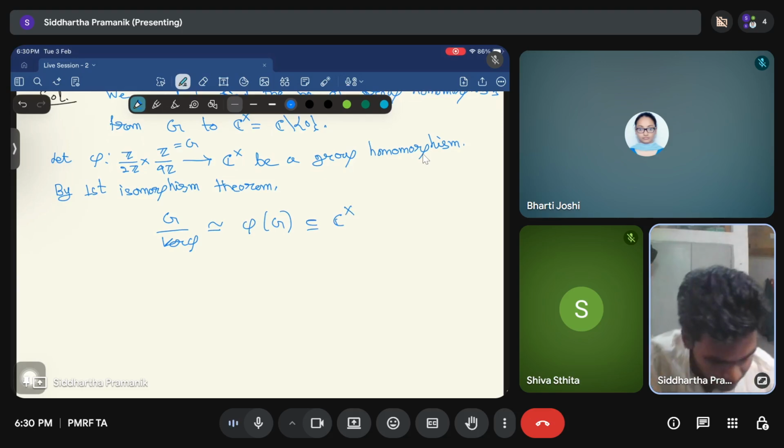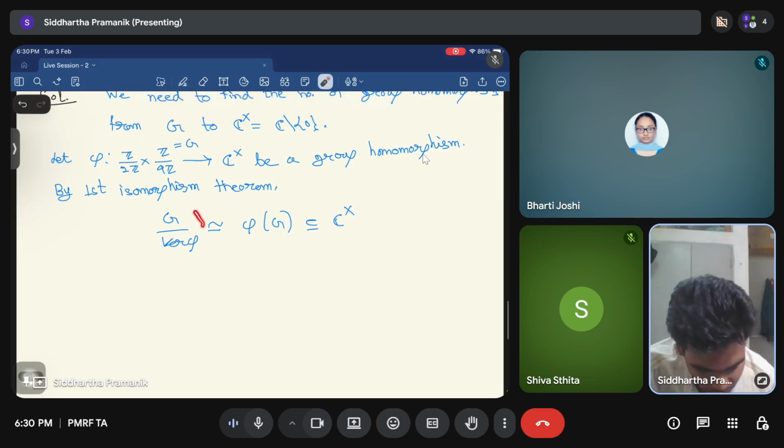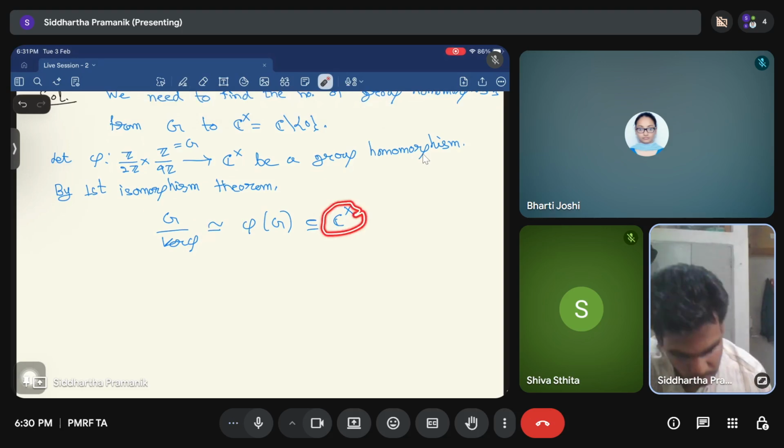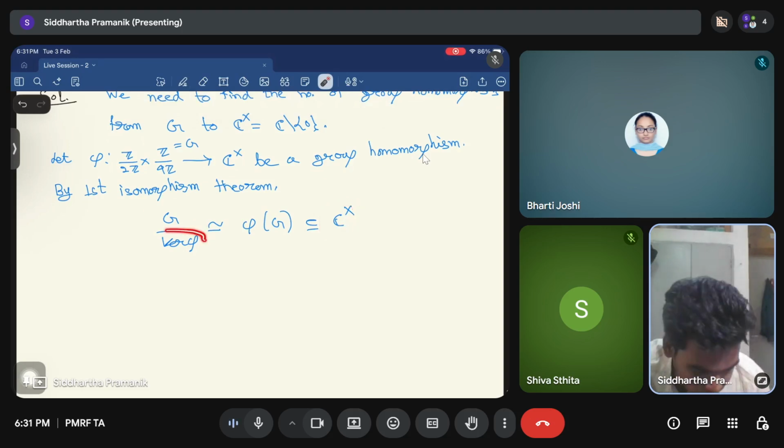So we need to find basically how many images of these things can lie in the C cross. So first of all, we need to find the possibilities of the kernel.